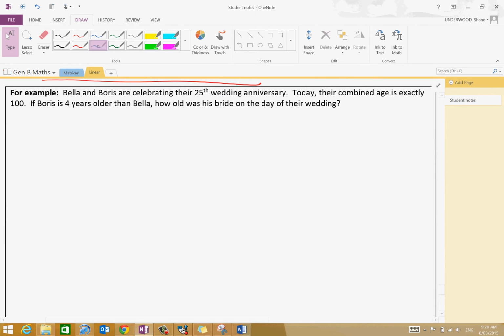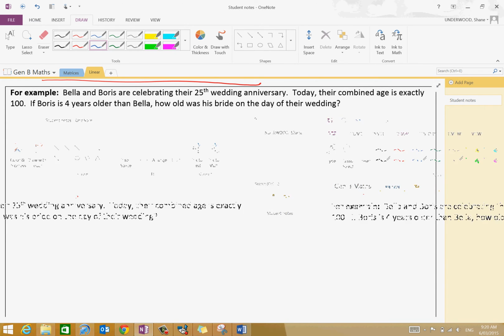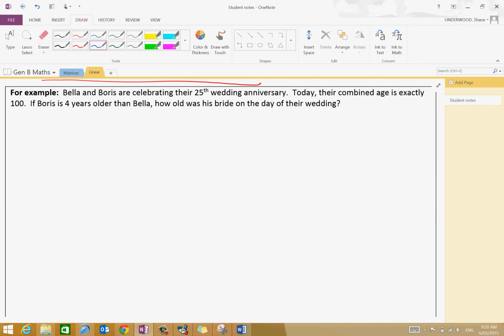All right. The first point I want to make is that Bella and Boris both start with a B. I would advise not to use big B or little b. You can use whatever variables you like as long as they're different, but we've got to declare our variables first of all.